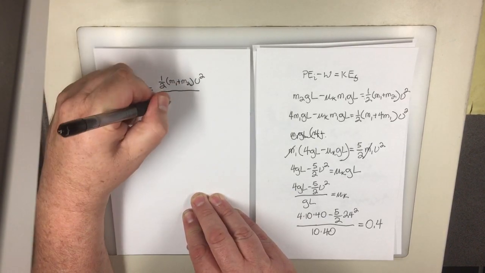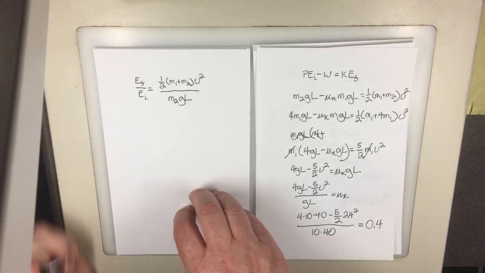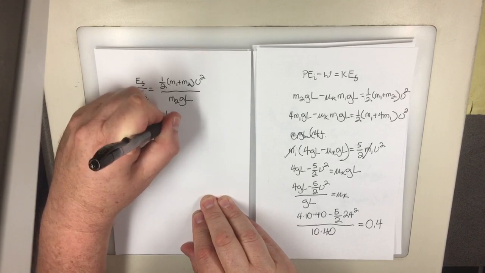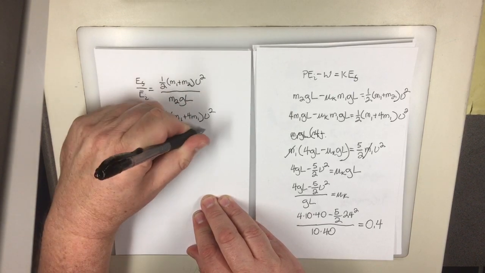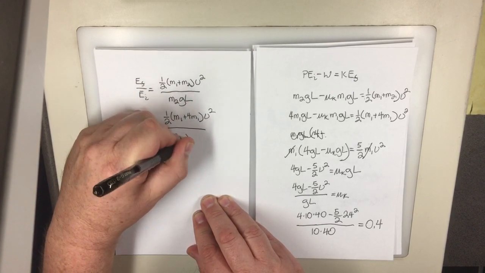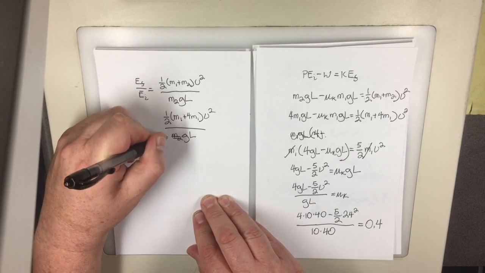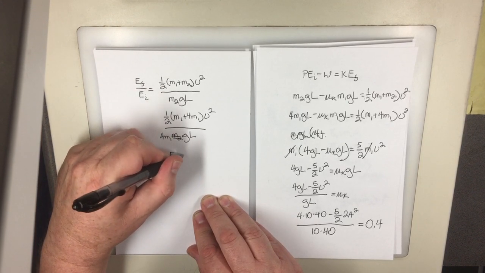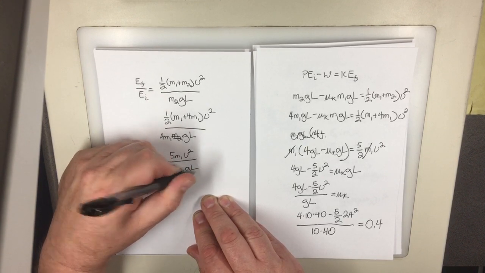The initial energy is the potential energy of the hanging mass, M2 G L. We do the same thing with the substitution. 1/2 (M1 plus 4M1) V squared over M2 G L, or I'm sorry, 4M1. This makes it 5M1 V squared over 8M1 G L.